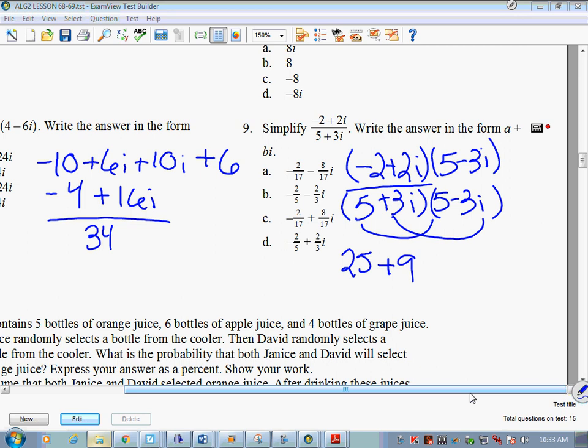So negative 4 divided by 34, that's negative 2 over 17 plus, let's see, we can divide, that's going to be 8i over 17. Right, so you're seeing this right here as an answer. Okay, you follow me? All right.